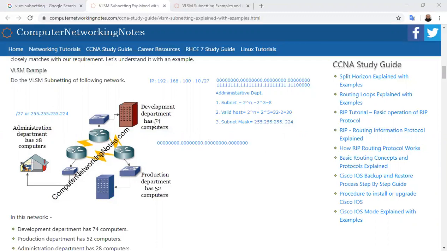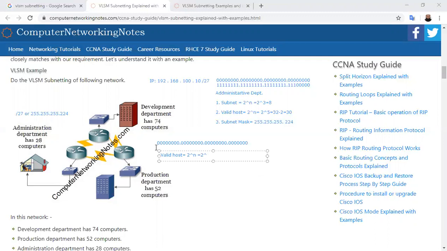The question is this: we need 74 hosts. So we put the formula of valid host, which is equal to 2 power n. How many zeros do we need for this?